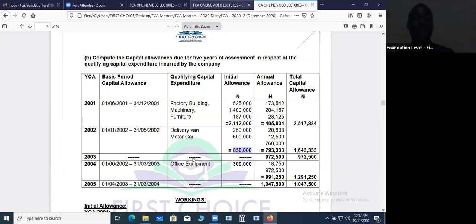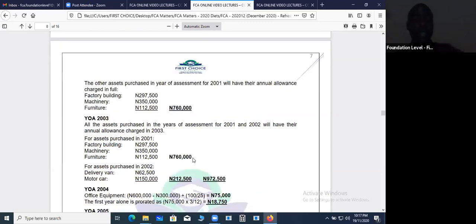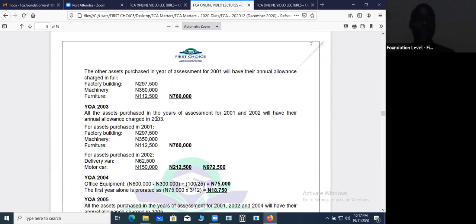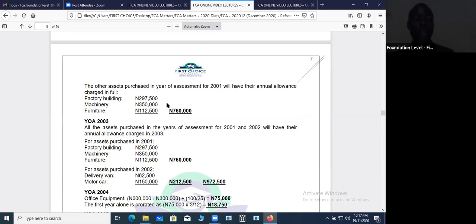But what about annual allowance? All the assets that you were doing full. For example, assets purchased in 2001. You know how we got our 760. These are it. Then the assets you bought in 2002, delivery van and motor vehicle. So you are going to bring the unprorated parts. That's the full version of assets purchased in 2002.